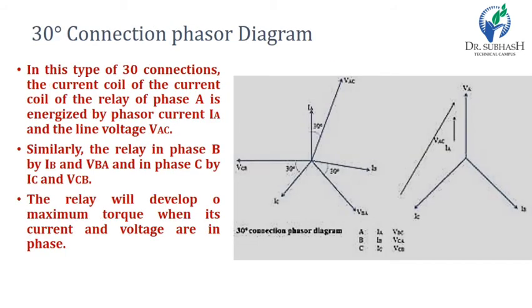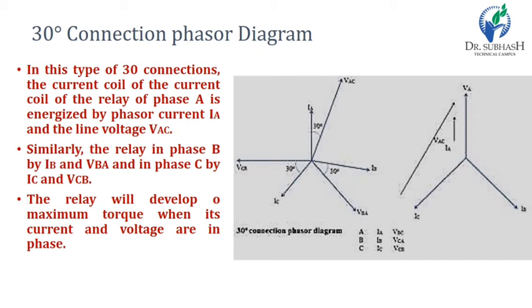So in the 30-degree connection, you can see in the figure that VAB, VAC, VBC are the line voltages, and IA, IB and IC are the line currents.